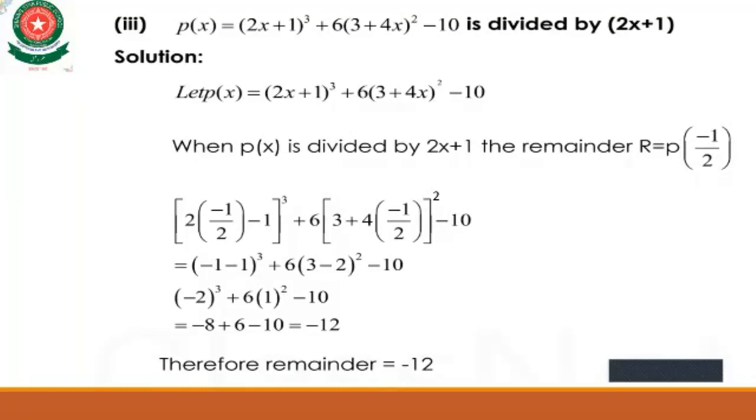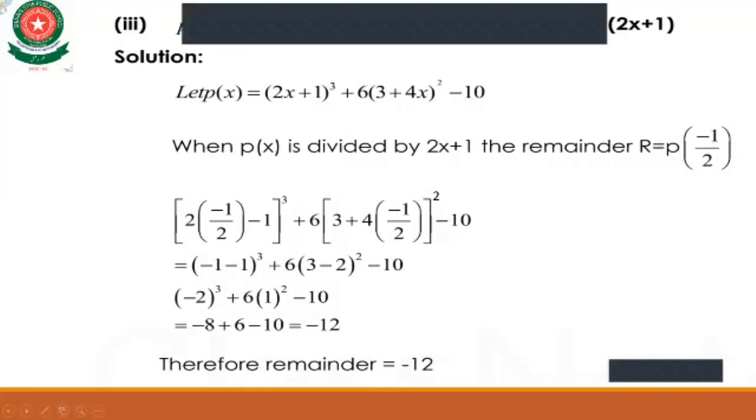We have to solve this. 2 divided by 2, that will cut, and the remaining will be minus 1. Minus 1 and minus 1. Here 4 ones are 4, 2 ones are 2, 2 twos are 4, that will change into 2. Then the answer will be minus 2 minus 10.